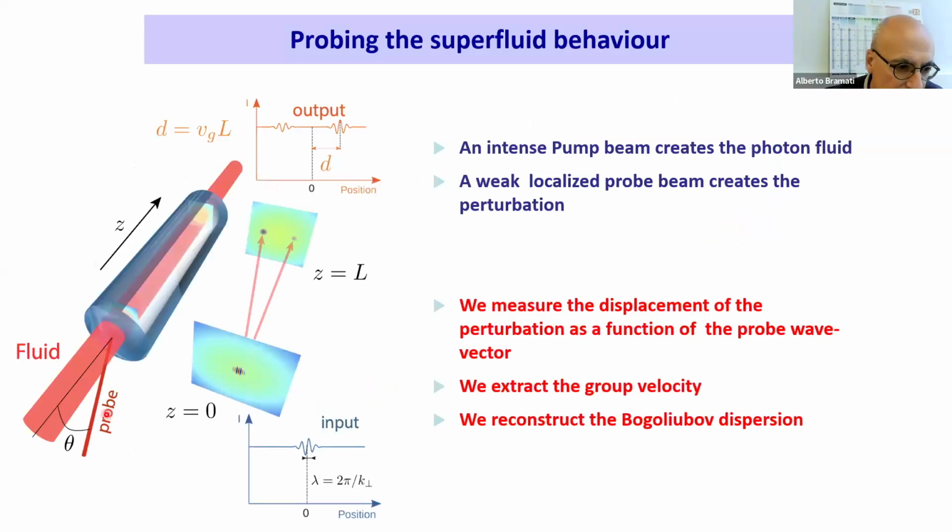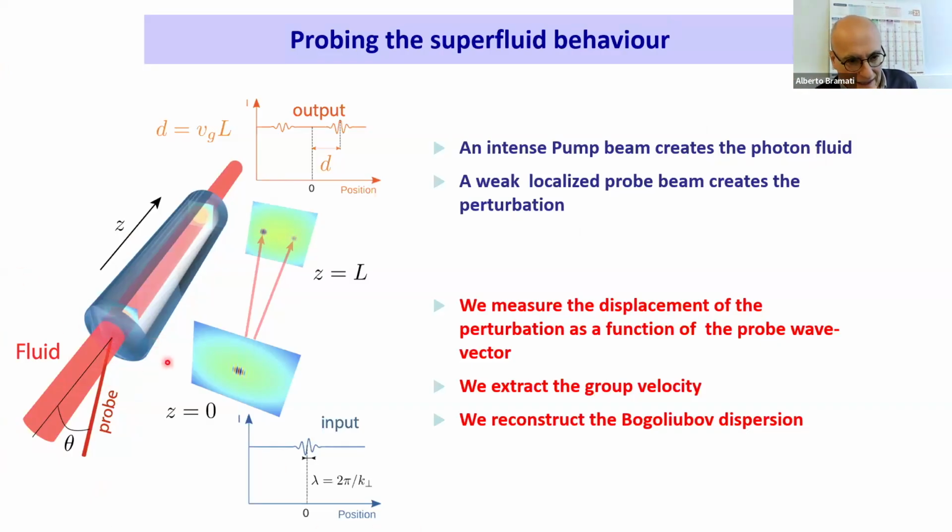So the idea is we have the nonlinear medium, we have an intense, very intense pump that creates the photon fluid, and we have a weak localized probe beam that creates a perturbation as before. So we create a perturbation on top of the fluid, and then we look at the behavior of this perturbation.